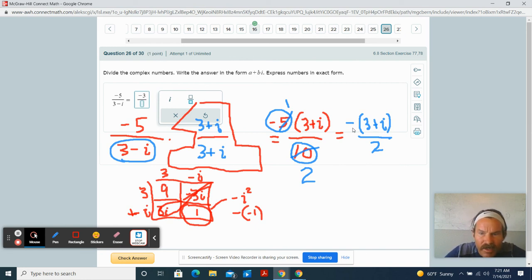This negative is going to change this plus i to a minus i. So it's going to be minus i, and then it's over 2. That should give me the correct answer. What does it want? Negative 3 minus i over 2.